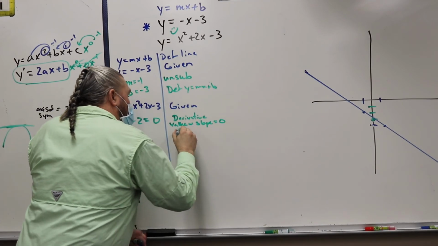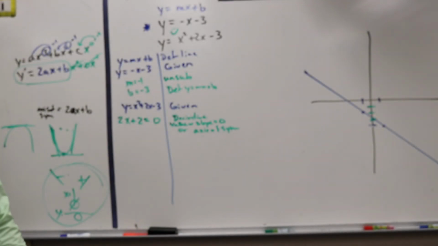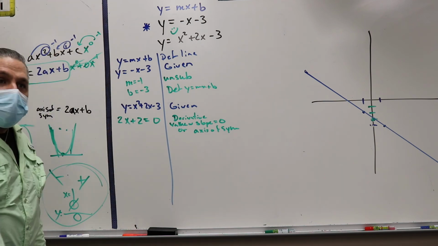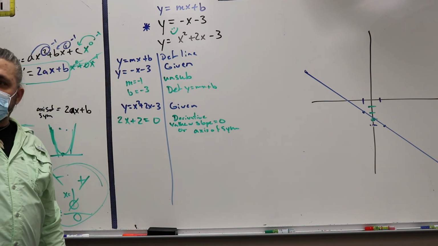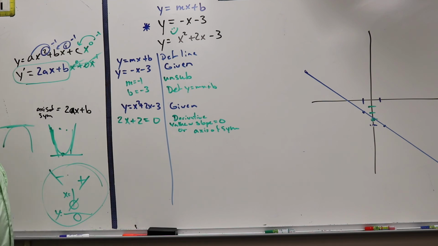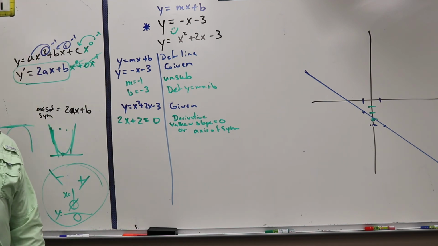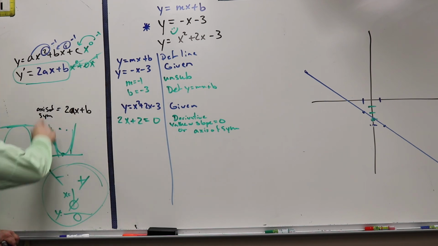Or otherwise known as the axis of symmetry, right? The axis of symmetry is the point at which the x creates a zero slope, okay? It's the highest point or the lowest point on the parabola, okay? In this case, the minimum, right?